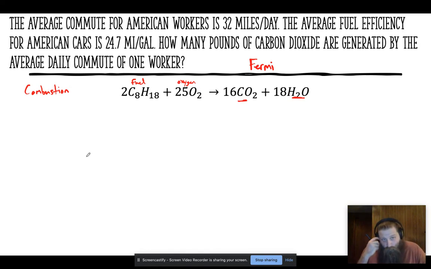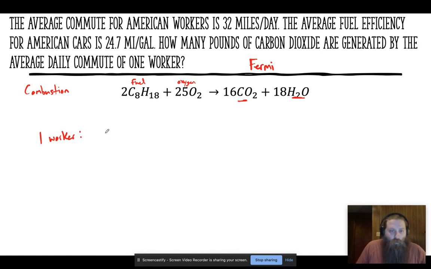Well, let's start with our given, okay? One worker is what we're looking at there. Hold on, let me grab my piece of paper here. So one worker, make sure I have all my numbers in front of me so we don't have to look up a bunch of stuff, right? That's what we're looking at here.